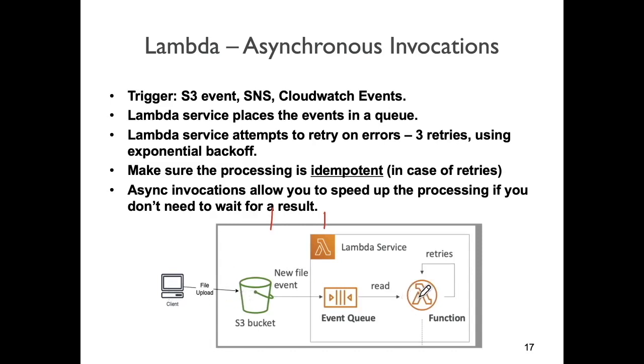The triggering of the Lambda happens asynchronously behind the scenes between the S3 service and the AWS Lambda service via this kind of queuing mechanism that's managed for you by AWS itself.